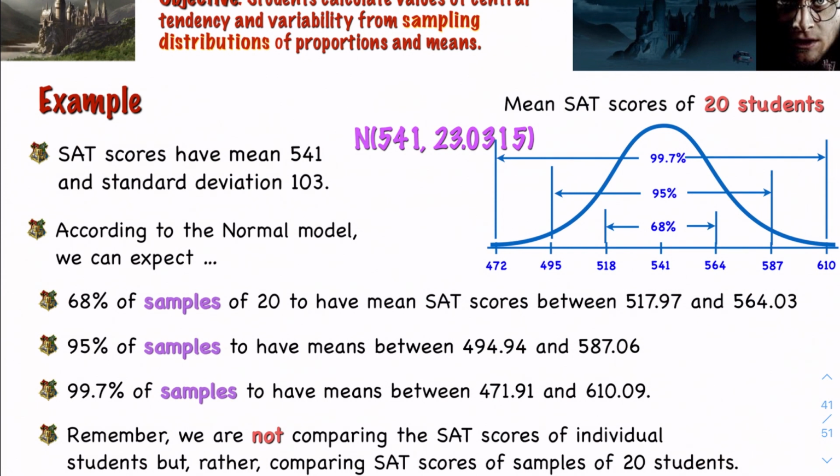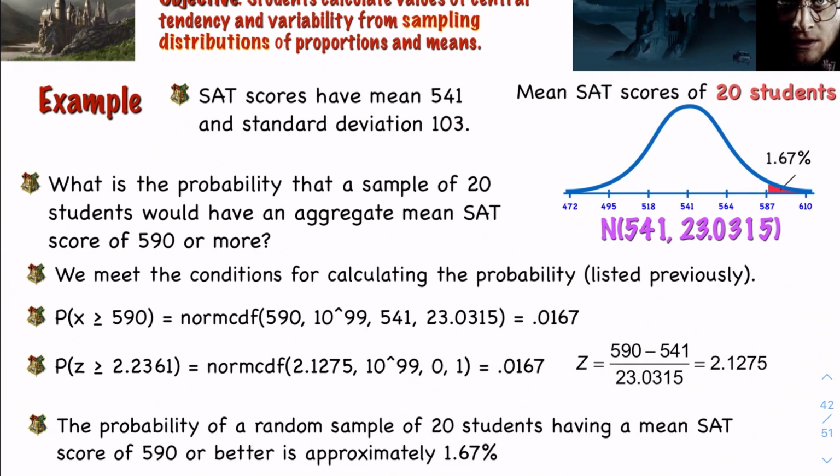Or, as I say, 68% of samples of 20 to have a mean SAT score between 517.97 and 564.03. 95% of the samples will have means between 494 and 587, and 99.7% of the samples will have means between 471 and 610. Remember, we are not comparing SAT scores of individual students. This is not Jimmy and Billy and Sammy and what they did on their test, but collectively a group of 20 students, how they did together.